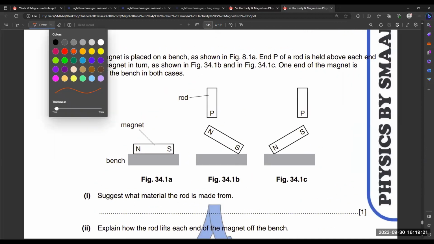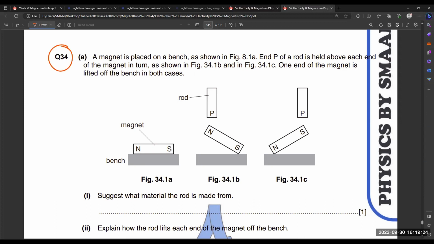Question number 34 is related to magnetism and electromagnetism. So first read the question. A magnet is placed on a bench as shown in the figure. Then rod P picks it up. As you can see in the second part of the diagram, rod P picks up the magnet from the North Pole.